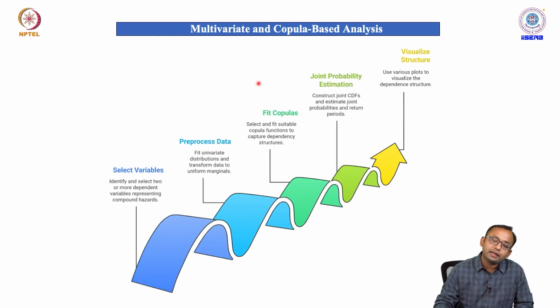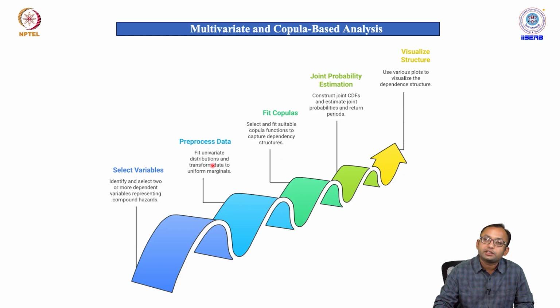Then, if you are planning to do some multivariate, Copula-based analysis, you can select two or more dependent variables for compound hazards. Then you start pre-processing the data set, fit univariate distributions and transform the data into uniform margins. Then you start fitting the Copula.